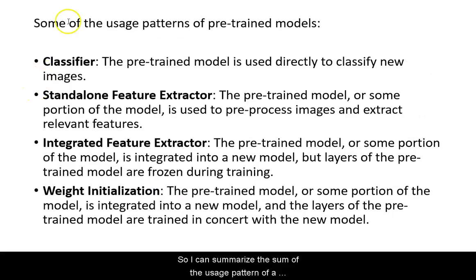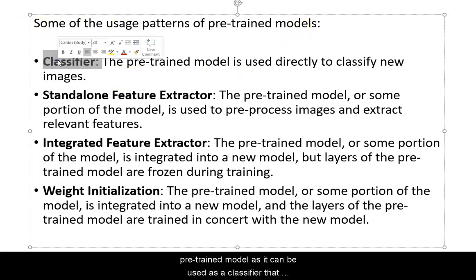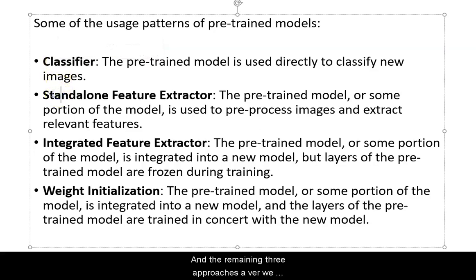So I can summarize some of the usage patterns of a pre-trained model. It can be used as a classifier. That means I'm directly using the pre-trained model for my new task, and I'm using it as a classifier itself. And the remaining 3 approaches are where we customize our pre-trained model and use transfer learning to customize this pre-trained model on a given different task.